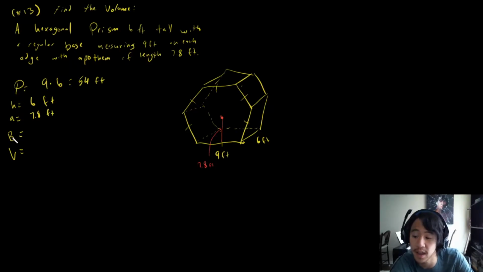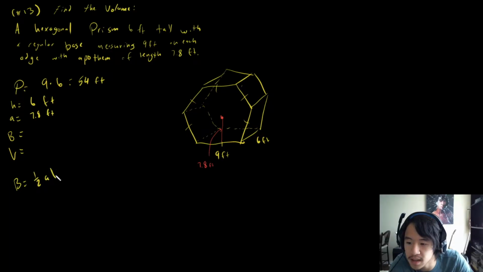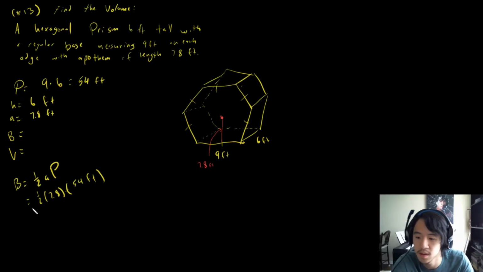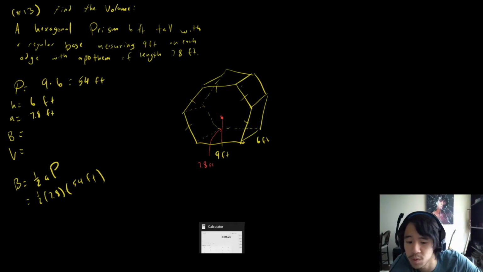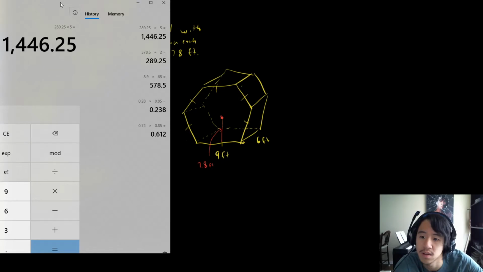So to find the area of our base, which is big B, we are going to have to do 1/2 times A times P. Let's go ahead and plug these values in. We have 1/2. A is 7.8. We just wrote that down. And perimeter is going to be 54 feet. So let's go ahead and plug this into our calculator and see what we get.